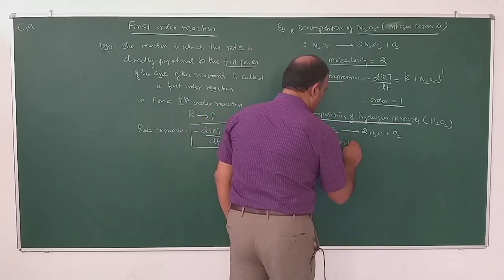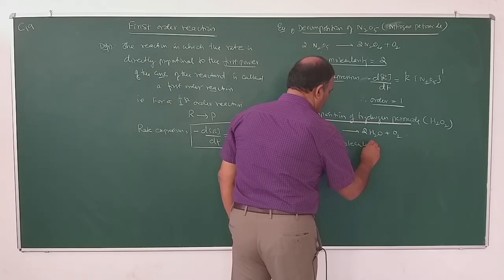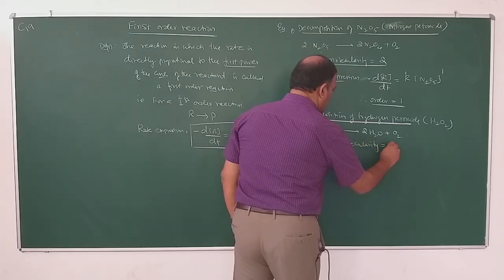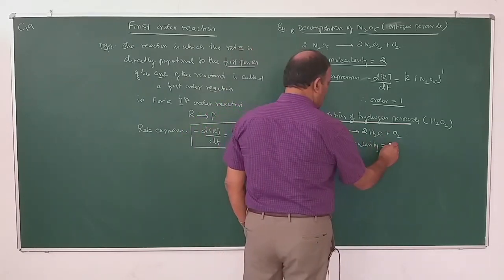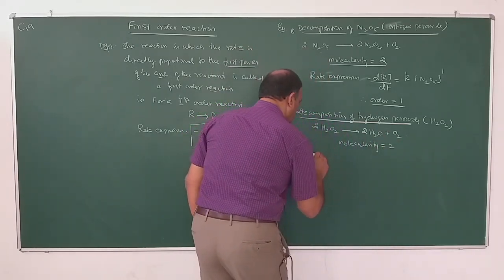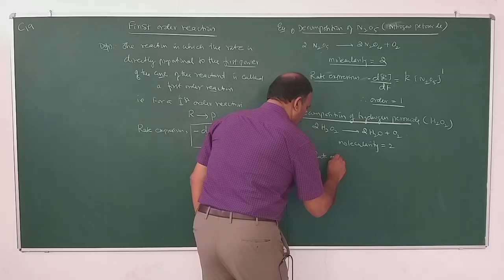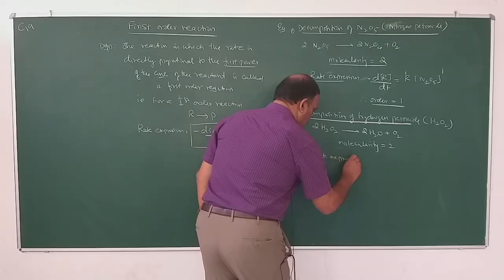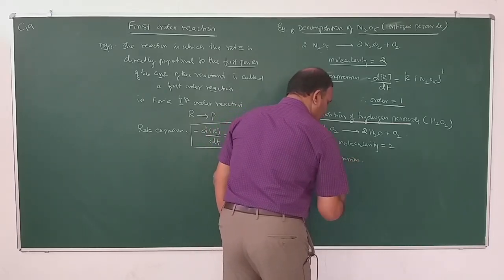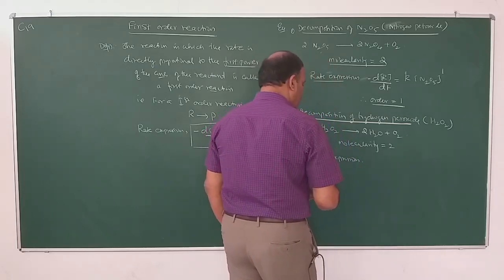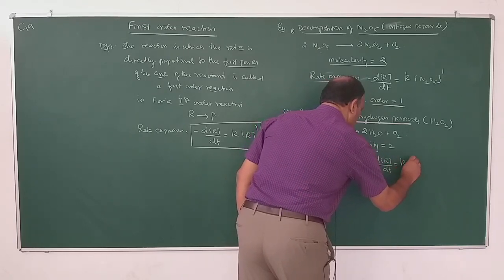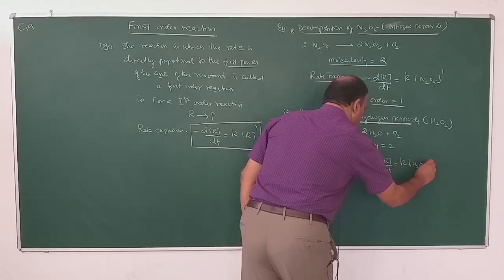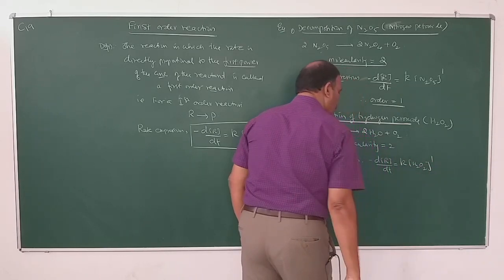What is the molecularity? The molecularity of the reaction is also equal to 2 because 2 molecules of reactants are taking part. Then what is the rate expression? This rate expression is determined by experiment, that is minus dR divided by dt is equal to K into concentration of H2O2 to the power of 1.